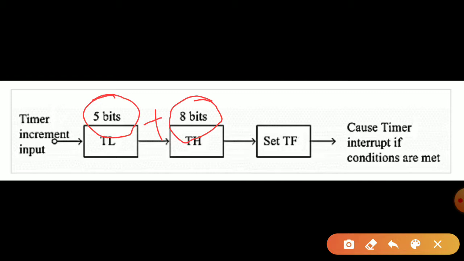And this timer can count the maximum number of input pulses up to 8192 decimal value.